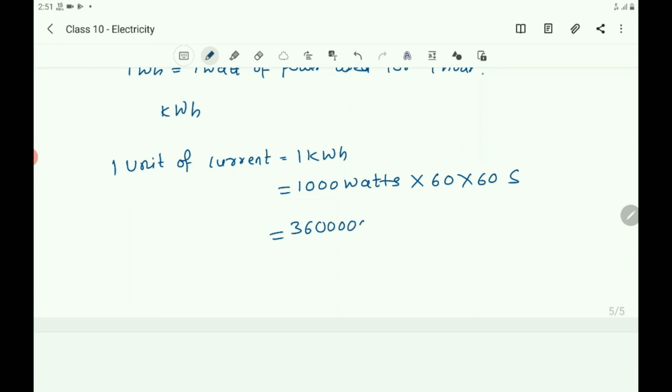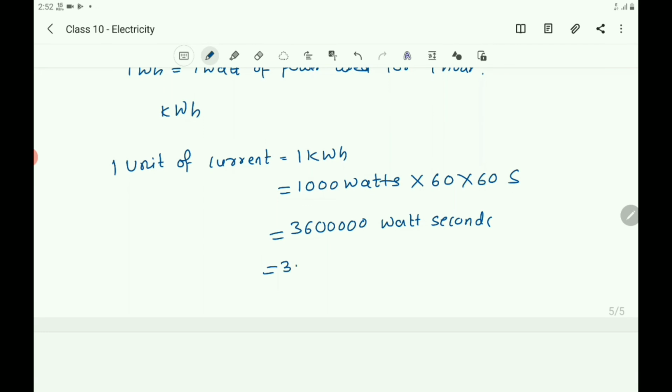That is watt seconds. Here you can write watt second, which equals 3.6 into 10 to the power of 6 watt second.